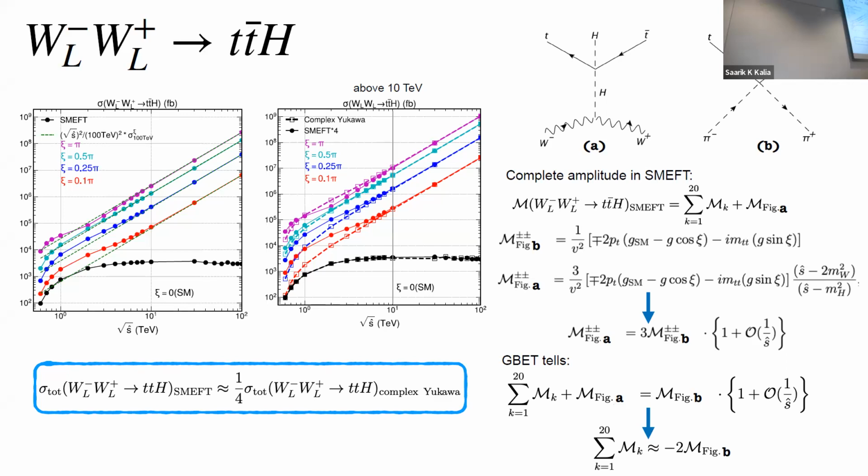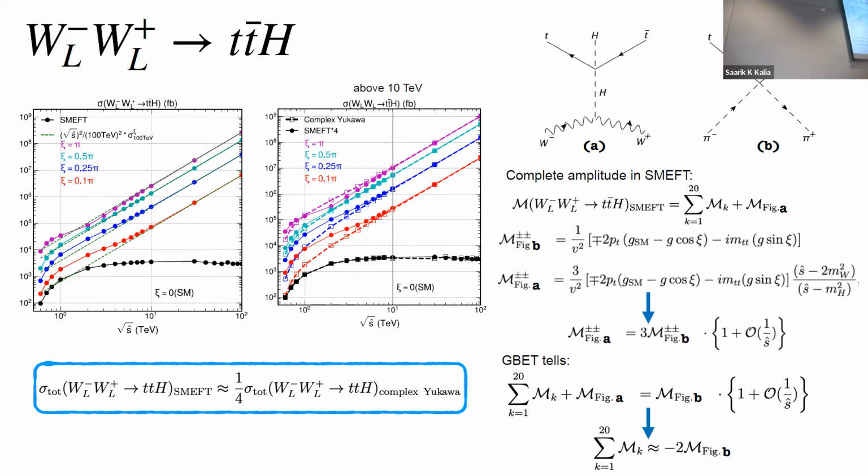Yeah. There are many ways. So in any case, what was very interesting is that this is the Goldstone boson amplitude. So actually, this high energy behavior is explained by this diagram, which is here. Okay. And then I wondered what this complex Yukawa is giving. Although I couldn't tell, in this case we have 20 diagrams.